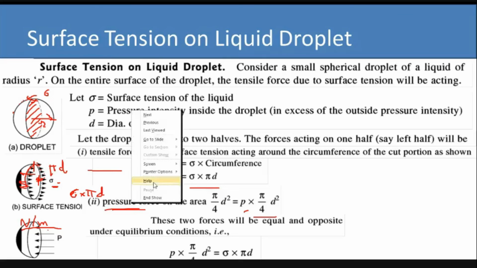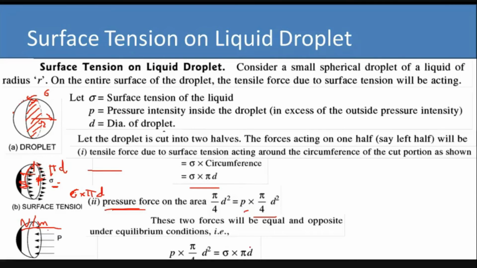Now what can we cancel from both sides? We can cancel pi and one d, since here d square is on one side and d on the other, so one d will be cancelled. So we have the relation: sigma equals pd by 4, or p equals 4 sigma by d.